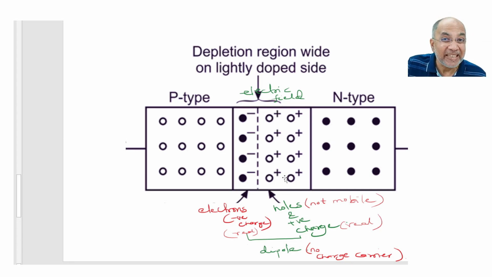Now see, interestingly, this zone is called the depletion zone. Why is it depletion? Because each side has lost its charge carrier. The N side has lost its free electrons, the charge carriers, and the P side has lost its mobile holes, the charge carriers. Depletion means decrease or total elimination of some quantity.